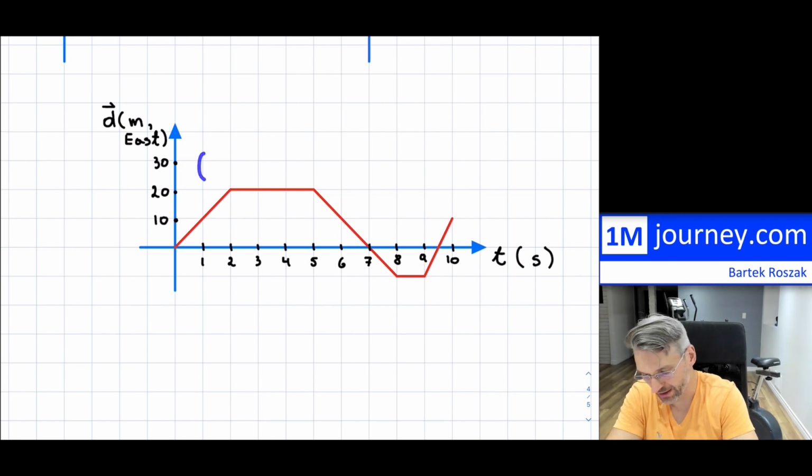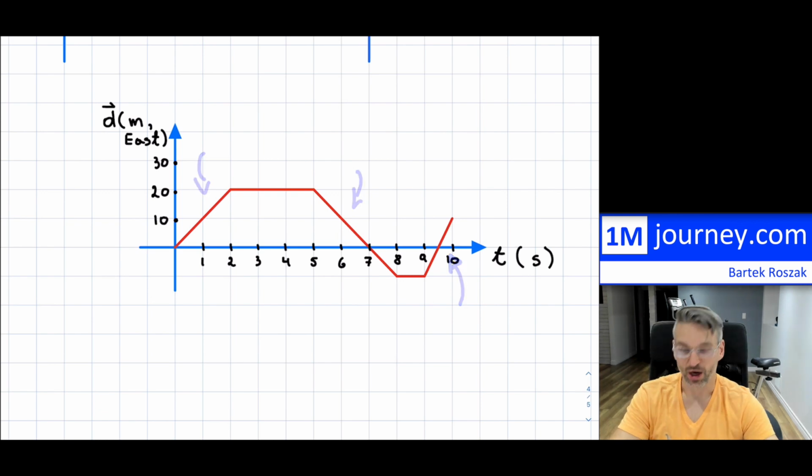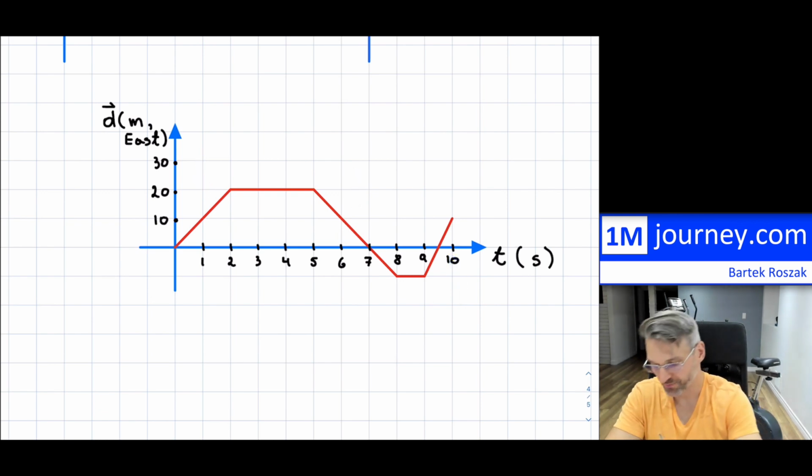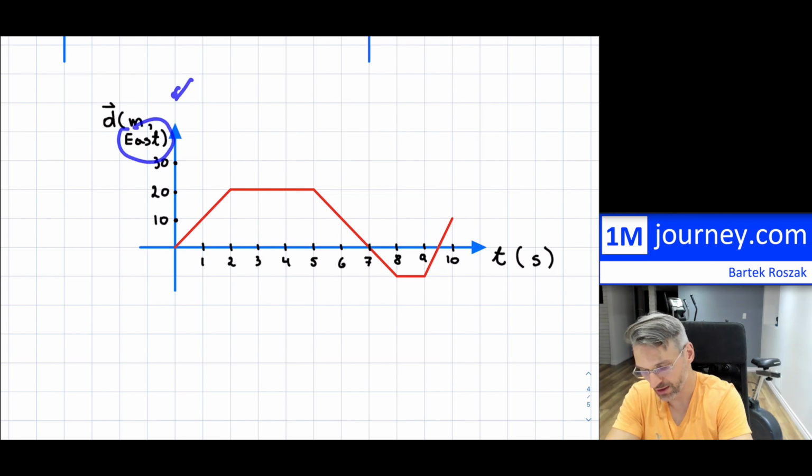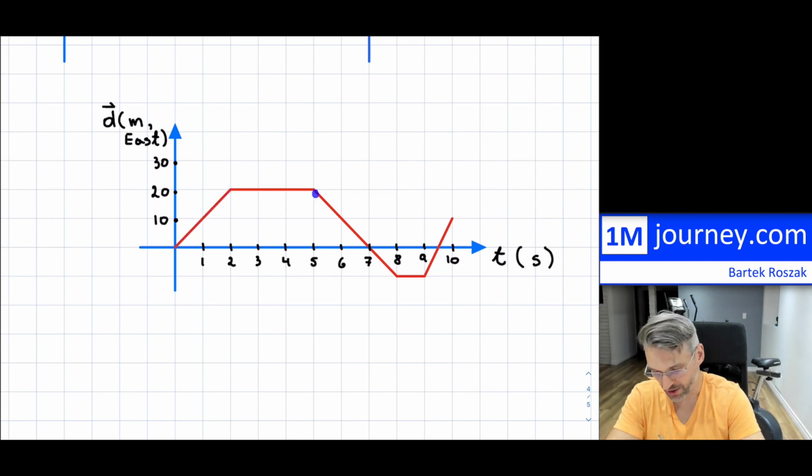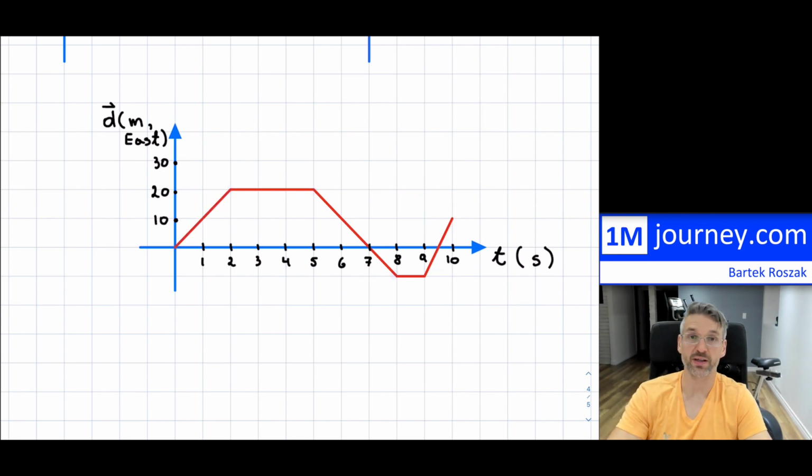And you can find what these slopes are. And the slopes are going to tell you what the velocity is with respect to the east position. So here it's a positive slope from here to here. Here it's a negative slope, which means that you're moving in the negative direction, so negative east, which means west.